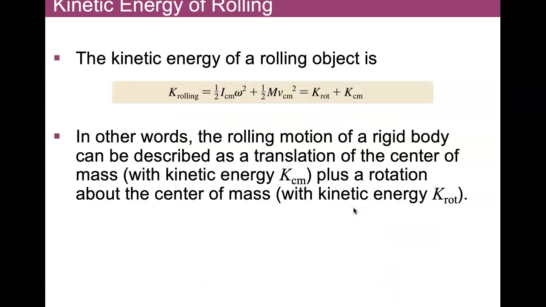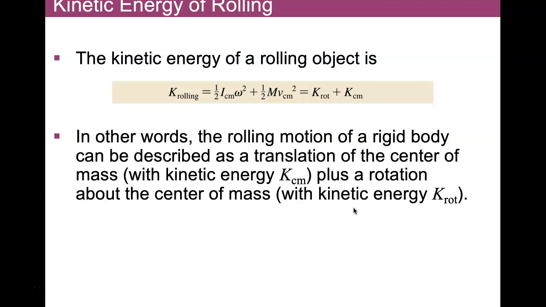We can write the kinetic energy of a round object that's rolling without slipping as a sum of a linear, or center of mass, kinetic energy plus a rotational kinetic energy. Next time maybe we'll have time to discuss it a bit more to understand better where it's coming from. But let's take this expression.